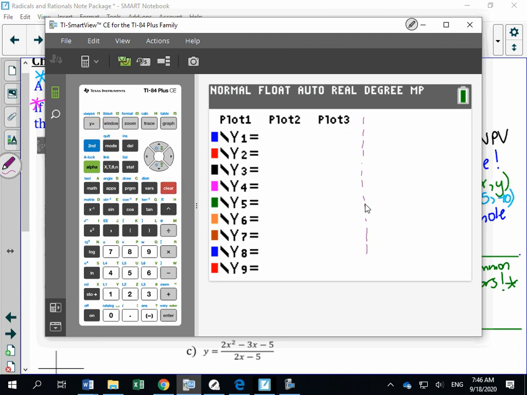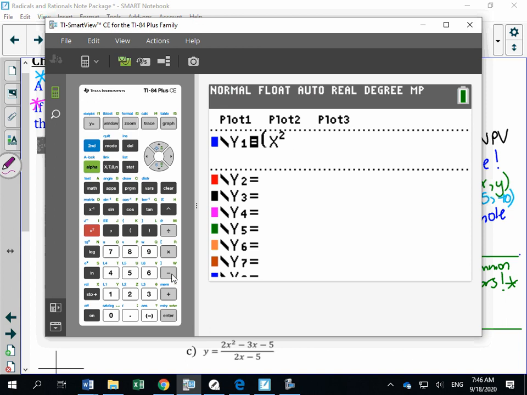Okay, let's type in the numerator, which was x squared minus 25. So x squared minus 25. And the denominator, so we're going to divide that by x plus 5. And I'm going to hit graph.